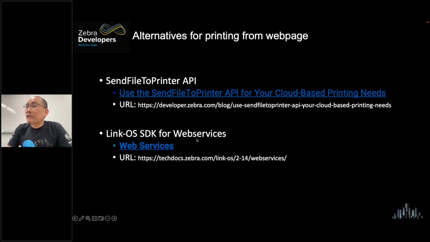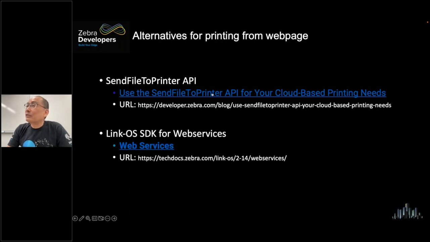The second choice is for you to implement your own web service with our Link-OS SDK. In our SDK, we provide the web services implementation for Tomcat 7, Tomcat 8, and Tomcat 9. There are links to the documentation. This has more of a learning curve, so it is not very straightforward to achieve.